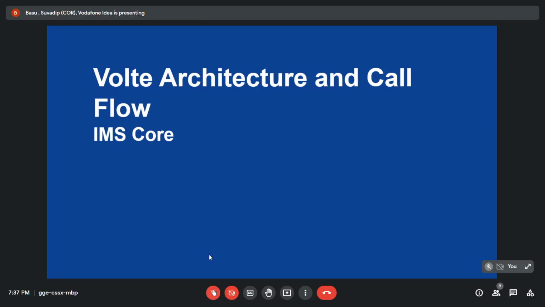Now in the IMS, we have separate nodes which take care of similar functionality. So when you start understanding the VoLTE architecture, first we will see how the system is designed, and then we'll go for the call flows.